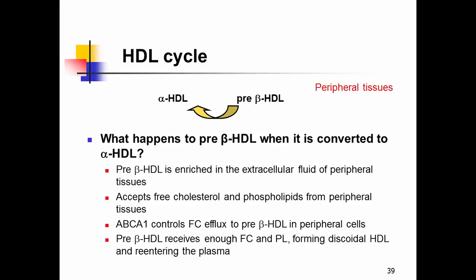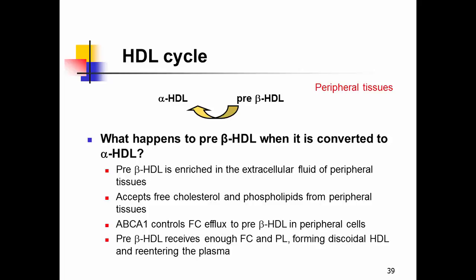And the pre-beta HDL, once it receives enough free cholesterol and phospholipids, forms the so-called discoidal HDL and re-enters the plasma. Discoidal HDL is pretty similar to the small alpha HDL in that diagram, right?